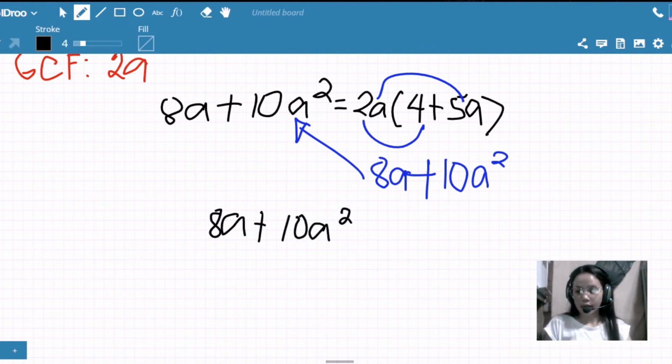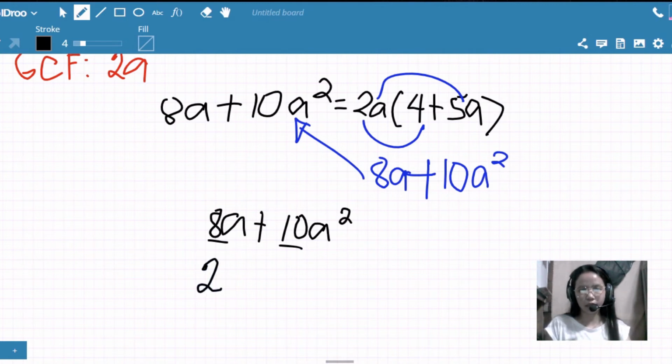Now, in finding out the GCF, observe it piecewise. When I say piecewise, observe the GCF between the constants and then between the variables. So between 8 and 10, the greatest common factor is 2, or the highest number that can divide both 8 and 10 is 2.